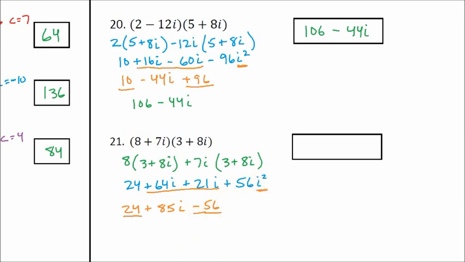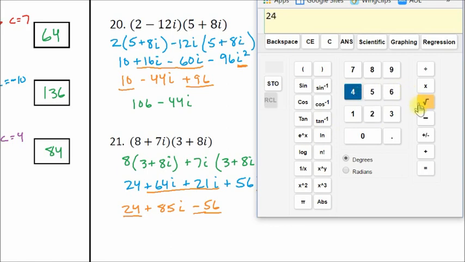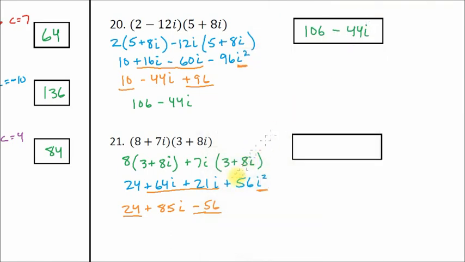Let's go ahead and do this in our calculator. 24 minus 56 equals negative 32. We got negative 32 plus 85i. Make sure our real part is first and our imaginary part is second.